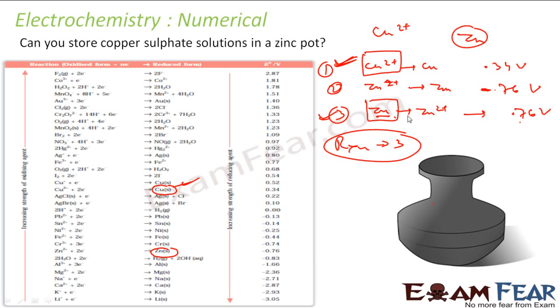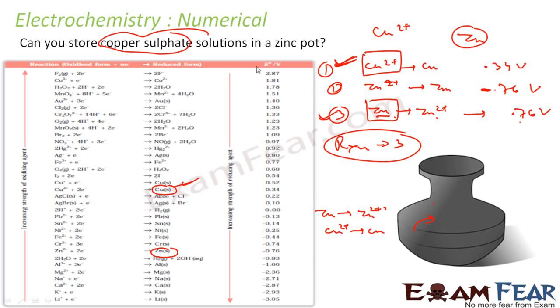That means zinc will become zinc sulfate, and copper sulfate will become copper. So the copper sulfate solution will become copper, and zinc will get dissolved, right? So we cannot use a zinc pot to store copper sulfate solution.